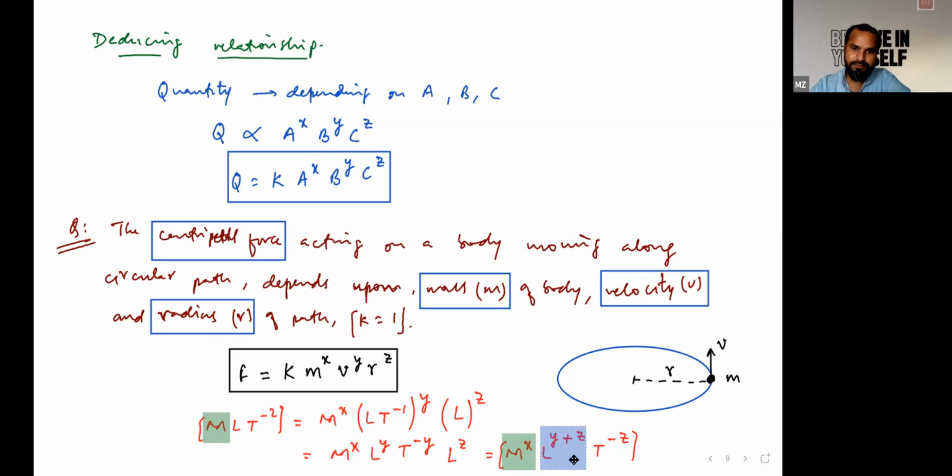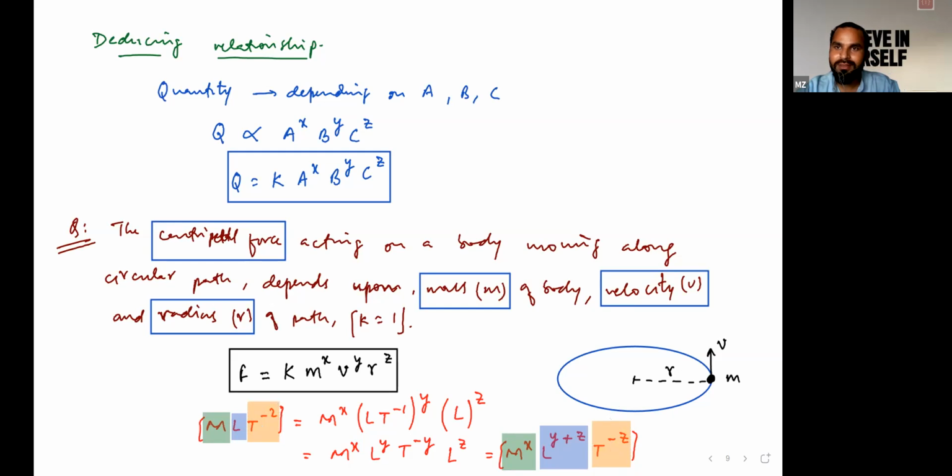Sir, the T exponent, wouldn't it be minus y rather than minus z? Yes, just 1 minute.